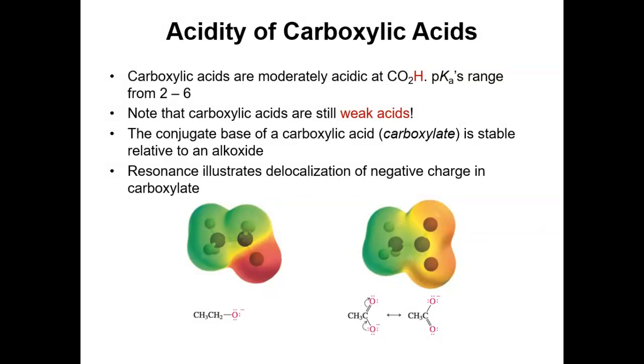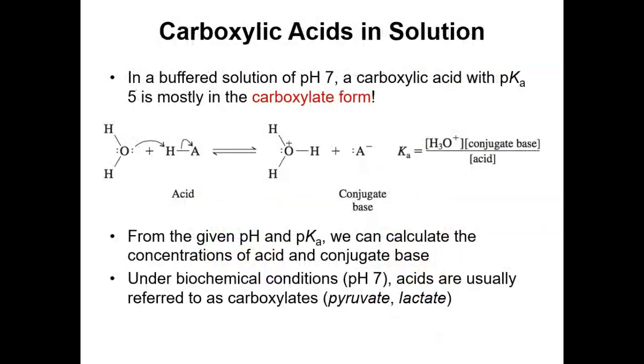So that's the major explanation why the carboxylic acid is so much more acidic than the alcohol. And if you make the carboxylic acid solution pH 7, then the major species in the solution will be carboxylate.